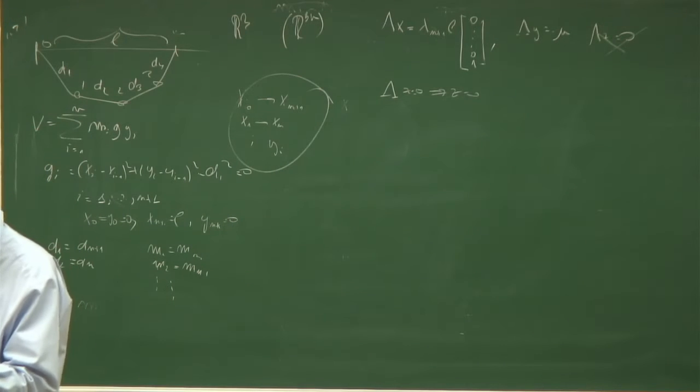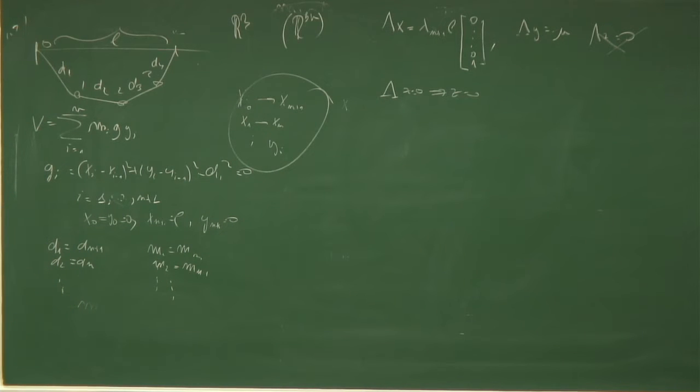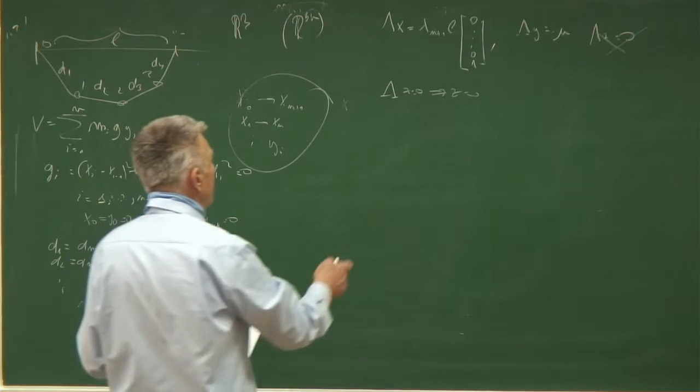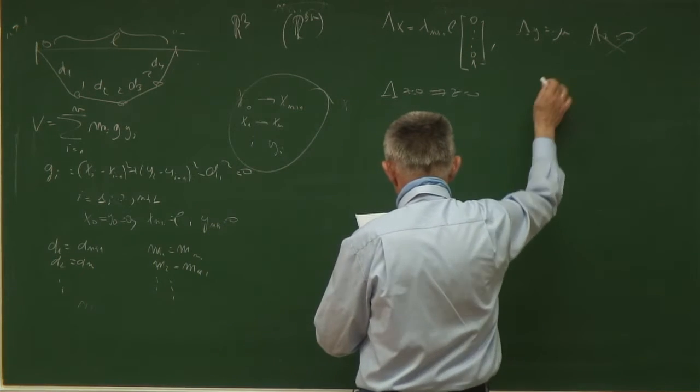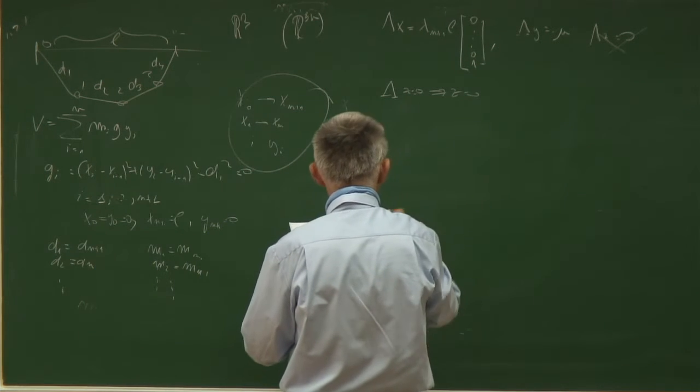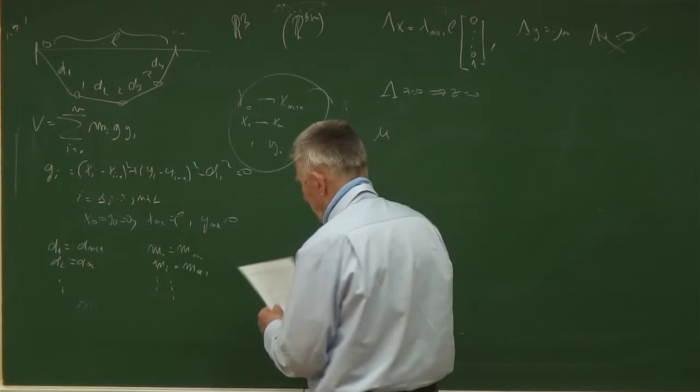The only thing we have to do in the full space is to check the positive definiteness and the total global minimum. Once we have it, we can forget about z. Mu is a vector which has to do with masses.